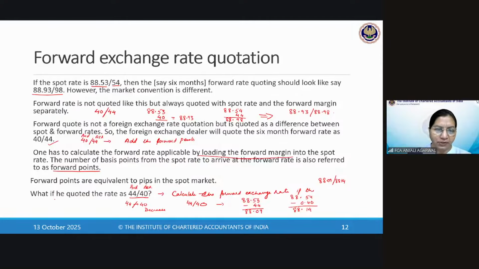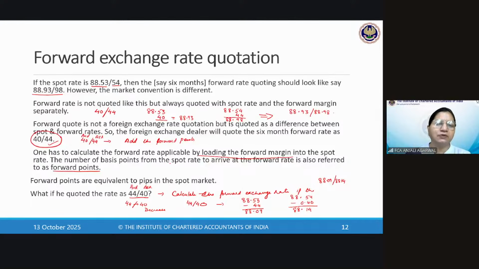So very important thing here, you have to look at the forward points or the swap points. If you see the ask is more than bid, you have to add the forward points. But if the ask is less than the bid forward points, that means you have to subtract the pip points or the forward points or the swap points from the current spot exchange rate. 88.53 minus 0.44 and 88.54 minus 0.40.